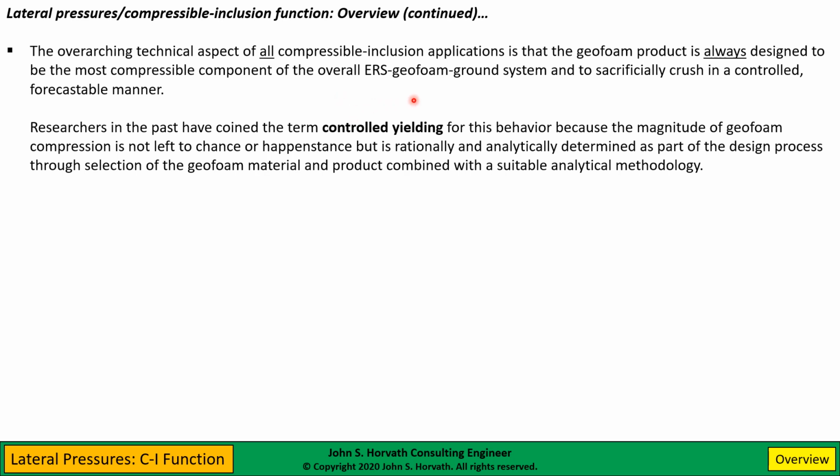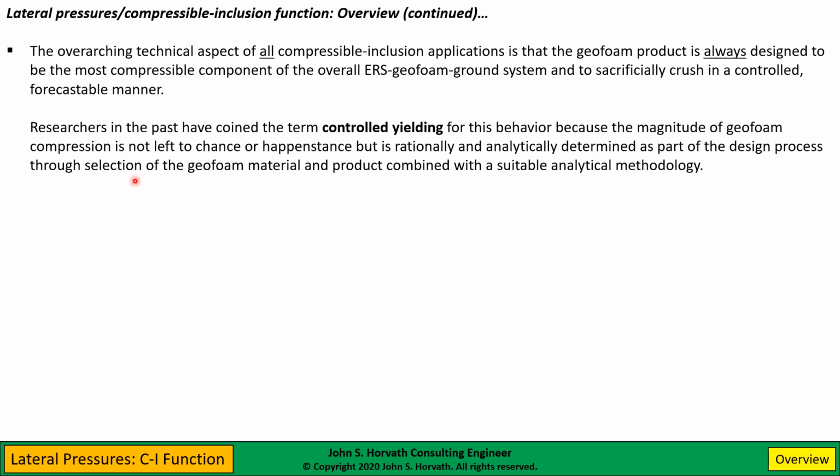And because of this control, researchers going back to the 1980s have coined the term controlled yielding for this behavior. And that's because, as I just said, the magnitude of the geofoam compression is not left to chance or happenstance, but is rationally and analytically determined as part of the design process.